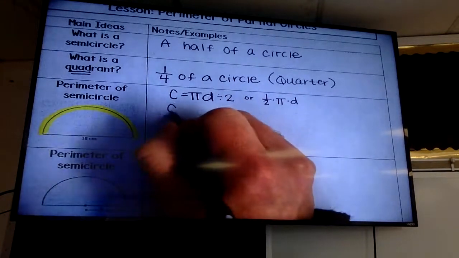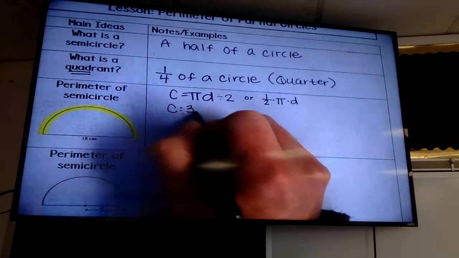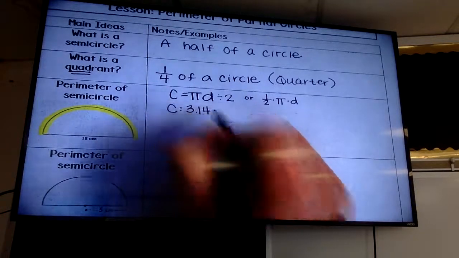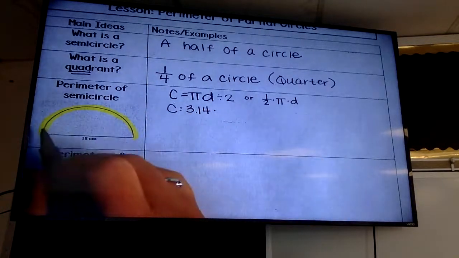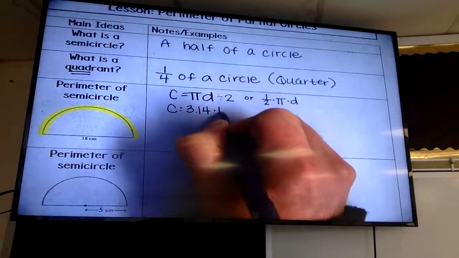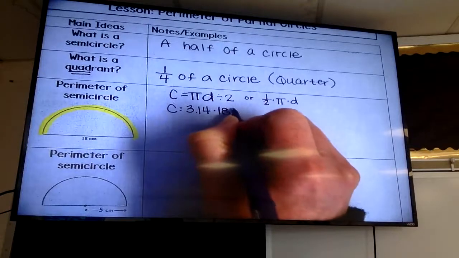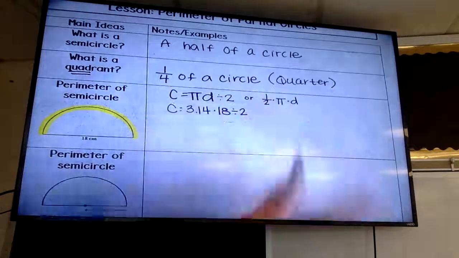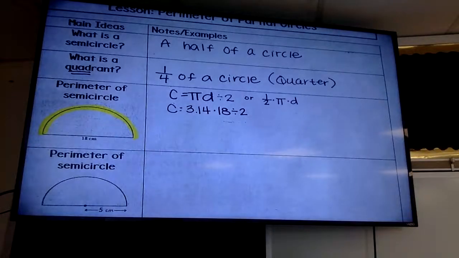Okay, so first thing I'm going to do is find out that curved piece, that arc. Circumference then would equal 3.14 times my diameter. Remember from yesterday, diameter is all the way across the circle, and that's been given to me. It's 18 divided by 2. All right, so let's put that in our calculators. We have 3.14 times 18 divided by 2.